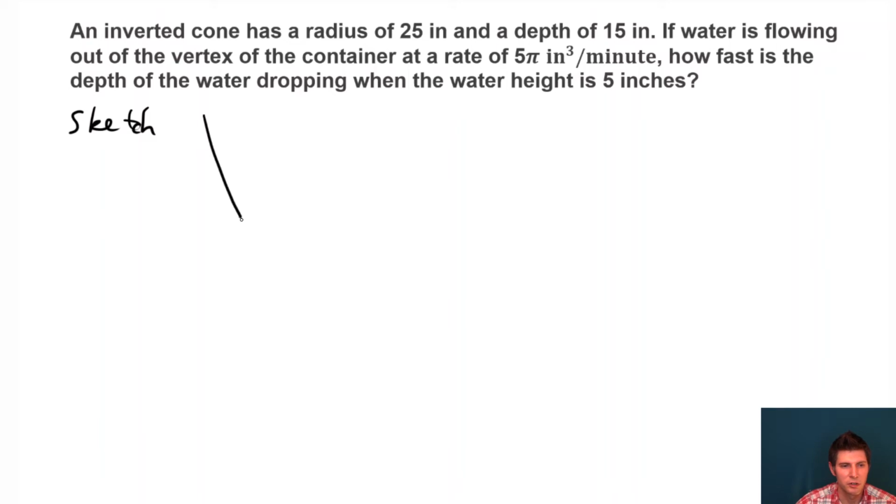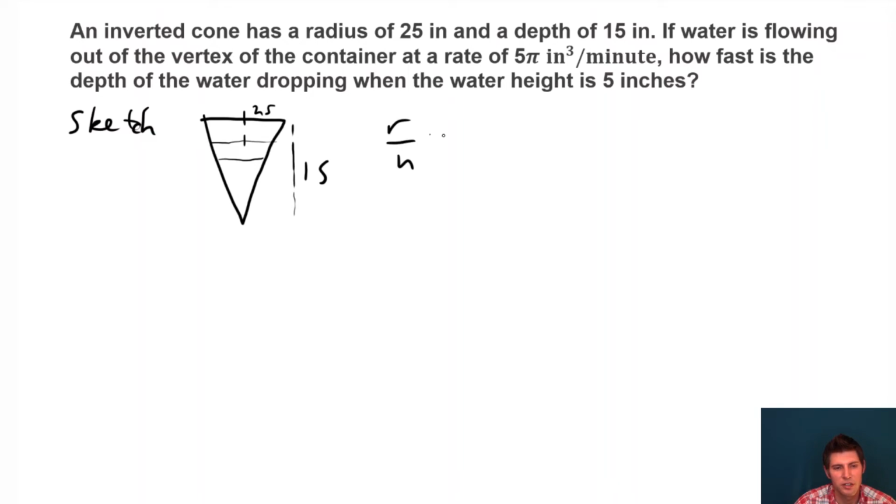So we have an inverted cone. The radius is 25 inches when the depth is 15. So this right here is 25 and this is 15. If water is flowing out of the vertex of the container at that rate, as our water level goes down, what ends up happening is we have similar triangles, but they're always going to have a radius to height of 25 to 15.